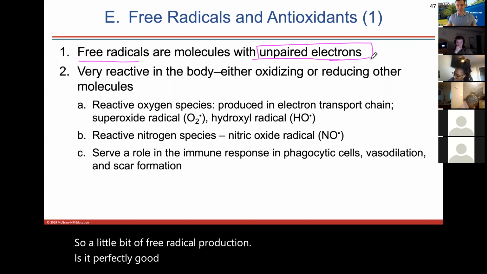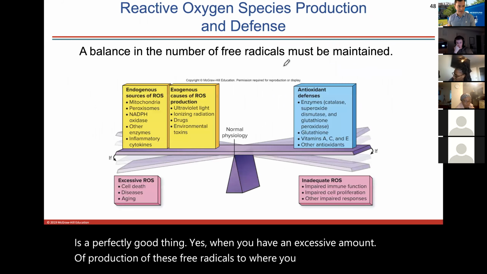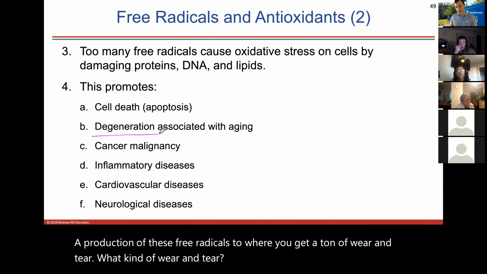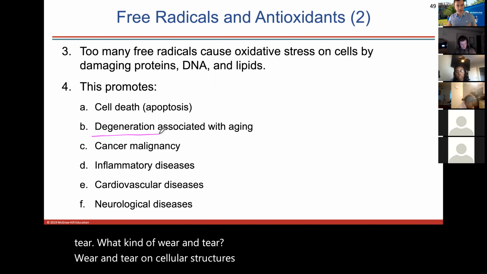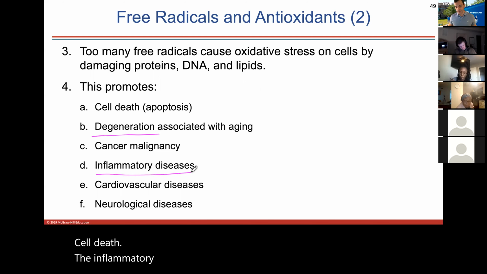It's when you have an excessive amount of production of these free radicals to where you get a ton of wear and tear. What kind of wear and tear? Wear and tear on cellular structures that reduce the viability of the cell. Cell death. The inflammatory process. We'll talk about stress.